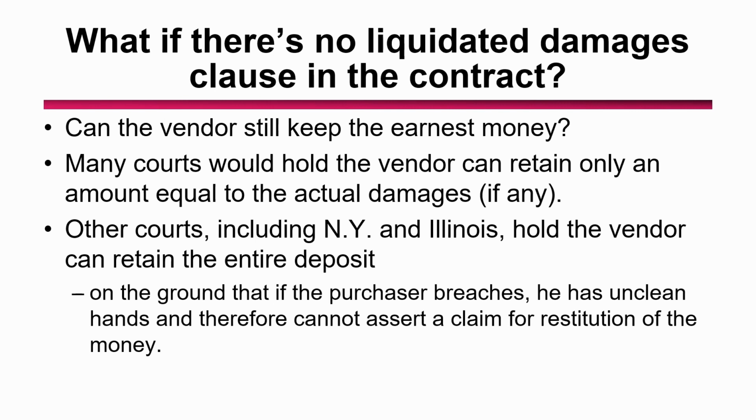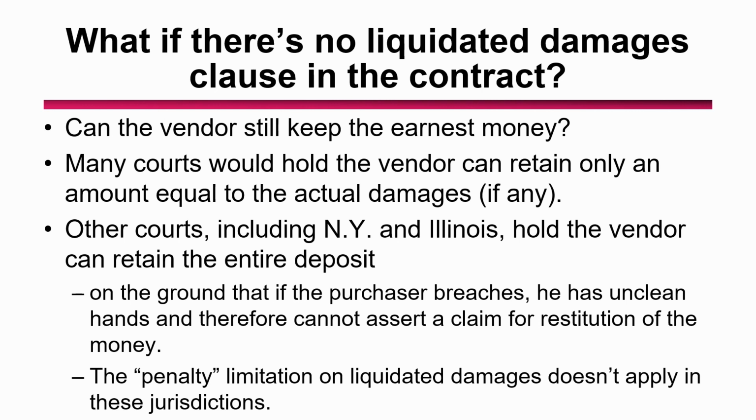And by the way, in those states, the so-called penalty limitation on liquidated damages doesn't apply because these are not considered liquidated damages. And therefore, in those states, sometimes vendors get to retain very, very large sums of earnest money, far in excess of what would be permitted if we applied the 10% or so limitation that's common on a penalty in states that do consider liquidated damage clauses.